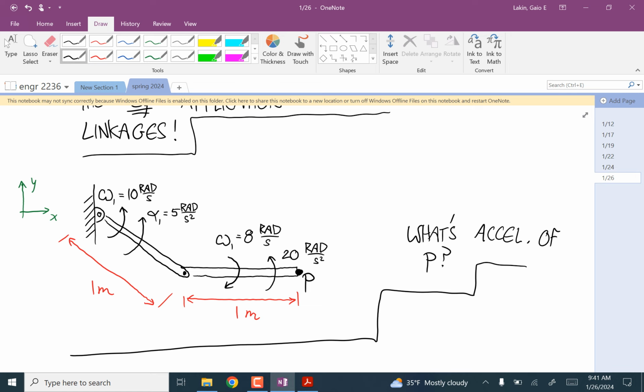Yes? For the equations we just used, can we just substitute an angular velocity and acceleration for velocity and acceleration in those equations? Does it still work? No, that does not work, because remember, we're not talking about coordinate systems rotating, only moving.